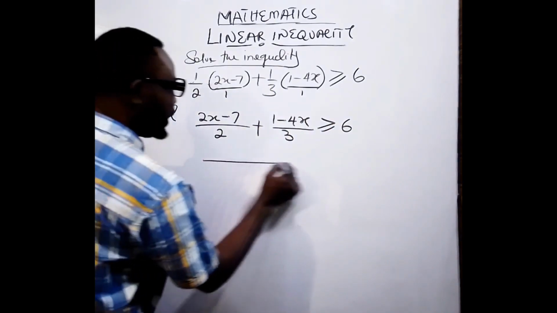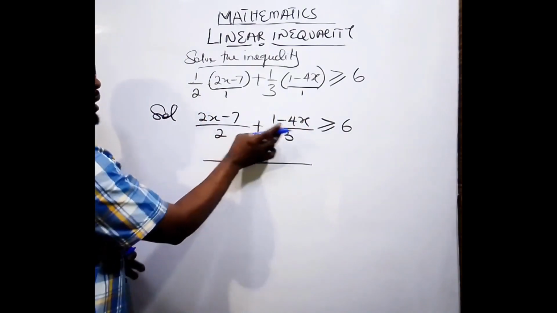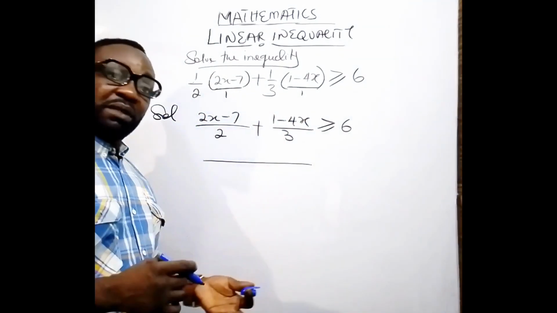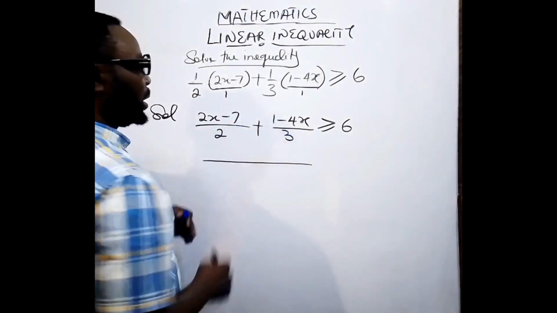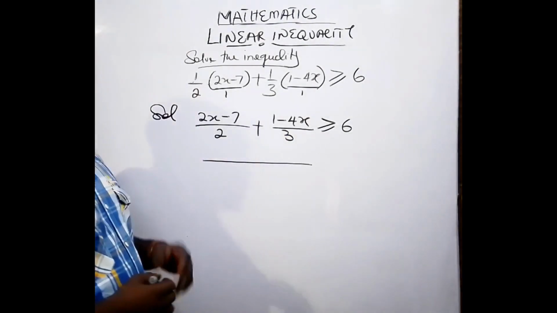Now we have to find the LCM, because we are having fractions separated by a positive sign. Whether it is a positive sign or a negative sign, we apply the LCM.